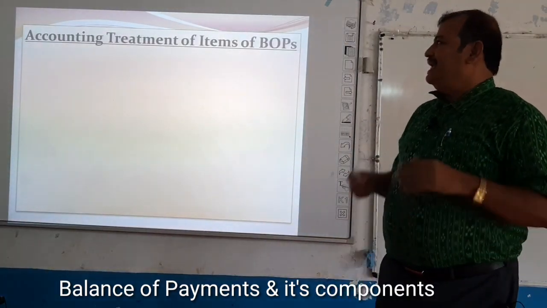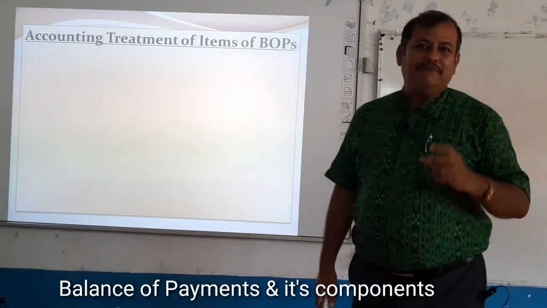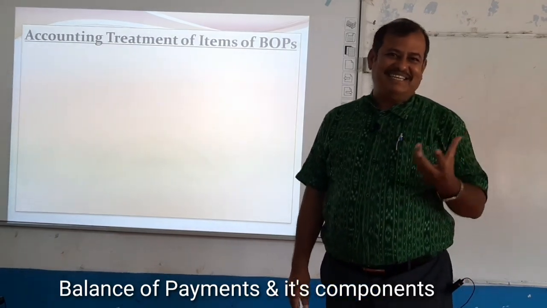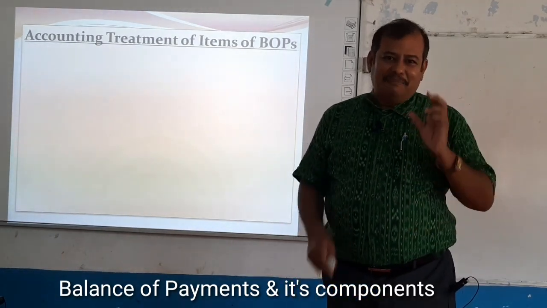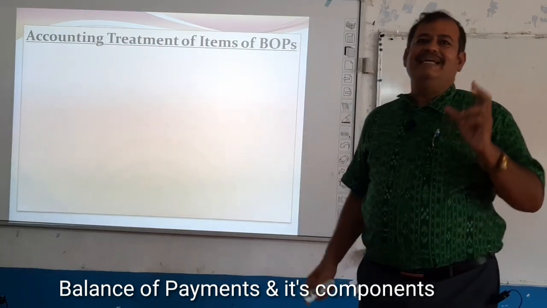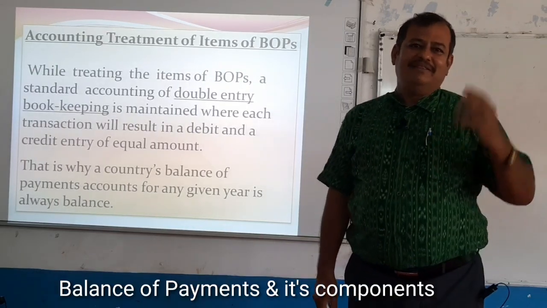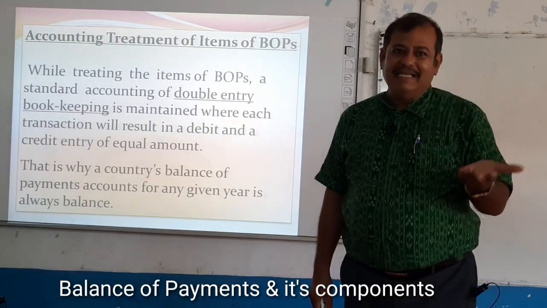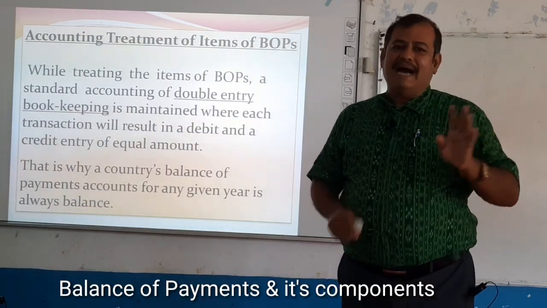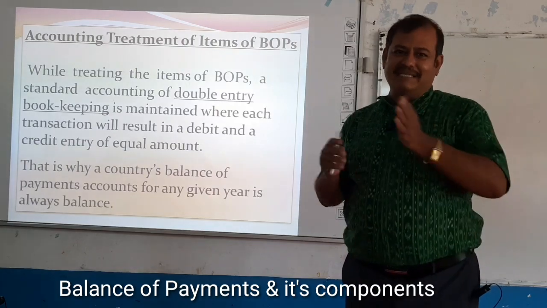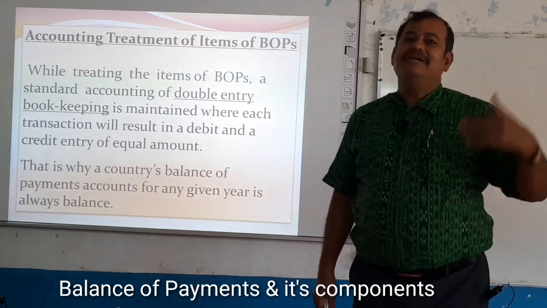When we talk about the accounting treatment of the balance of payments, it is interesting that it maintains a double entry bookkeeping record. That means items which are exported and items which are imported are maintained in 2 ways: one on the credit side and the other on the debit side.